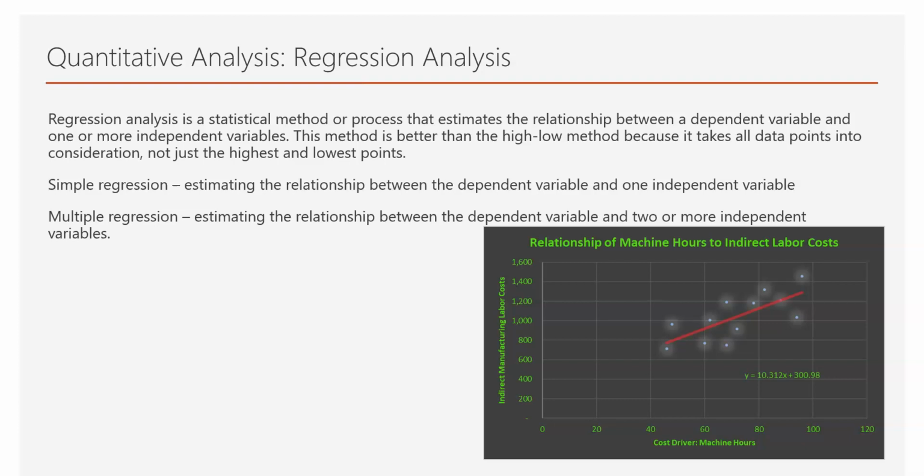Or we can do multiple regression, because sometimes there might be two cost drivers that are driving that total cost. So a multiple regression would be estimating the relationship between the dependent variable, which would be our total cost, and two or more independent variables.